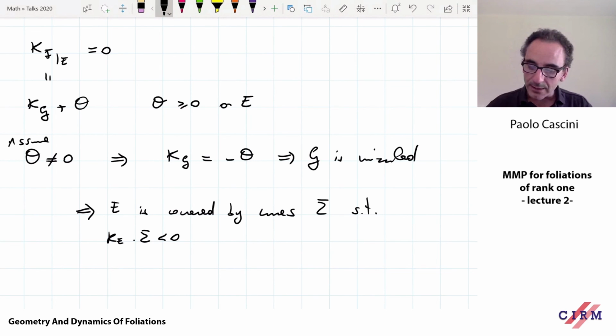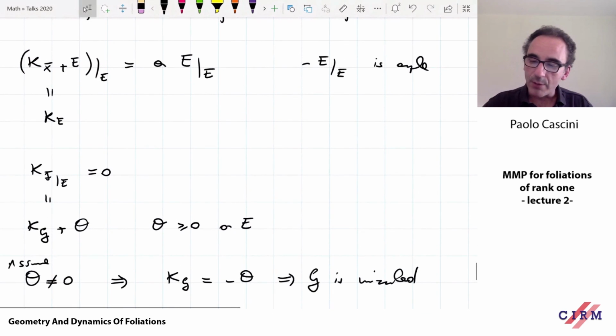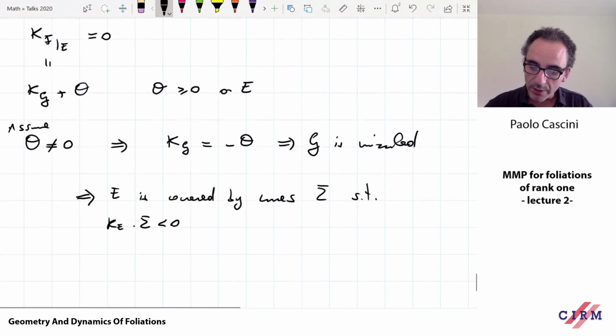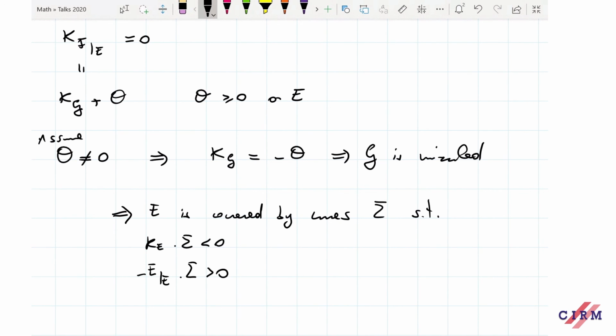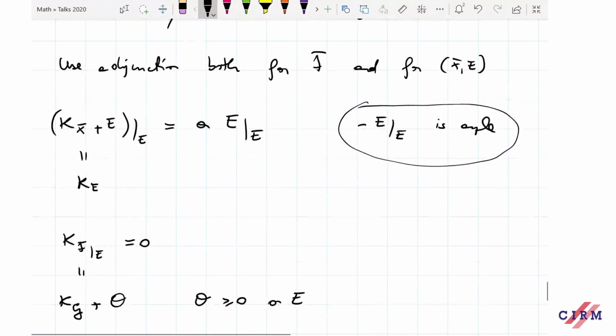Okay, but remember, we are going to use the fact that minus E restricted to E is ample. And so we know that minus E restricted to E times sigma must be positive. And we also know that, up to this value A, these two divisors are the same.